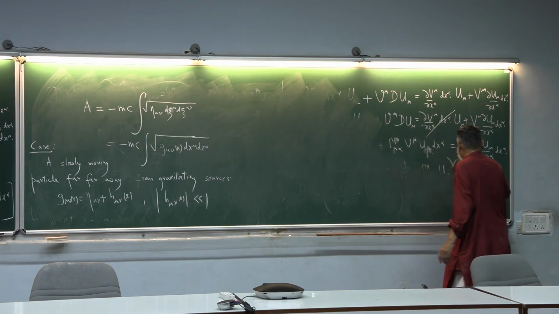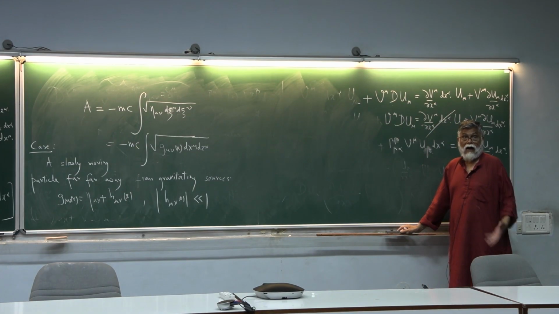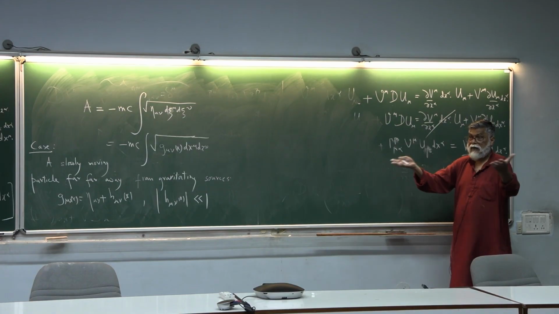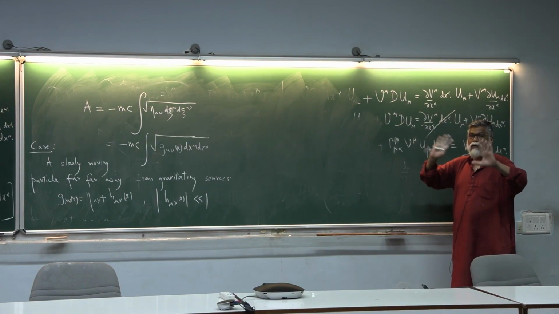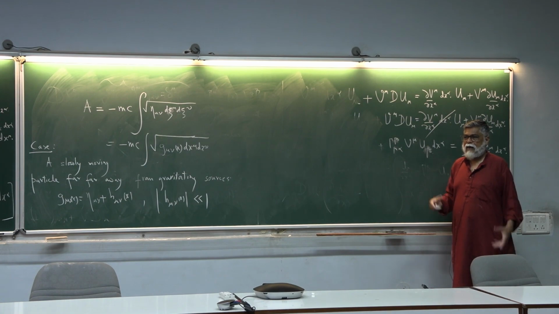Why is the slowly moving part important? I'll come to that. Because Newtonian gravity, wherever we know Newtonian gravity, all the Newtonian gravity validity is for particles moving with speed much smaller compared to the speed of light. Our Earth moves around the Sun at what velocity?